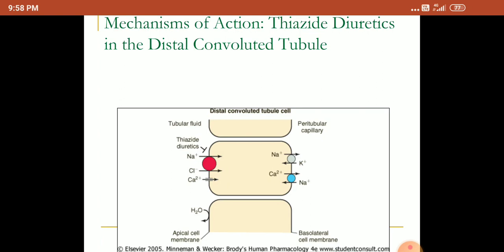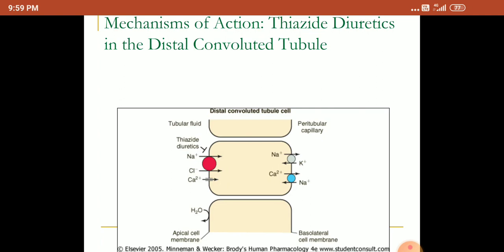When thiazide is administered, it is secreted in the proximal convoluted tubule and is carried to the distal convoluted tubule. Now, when it is carried to the distal convoluted tubule, it blocks sodium and chloride co-transport and causes diuresis. But after 2-3 days, there will be contraction of extracellular volume, and following this, there will be more and more reabsorption of sodium and water from the proximal convoluted tubule.